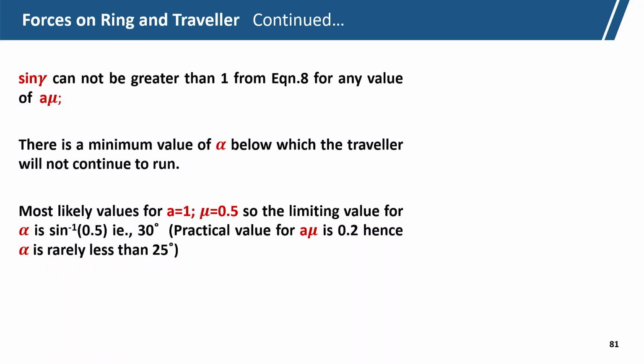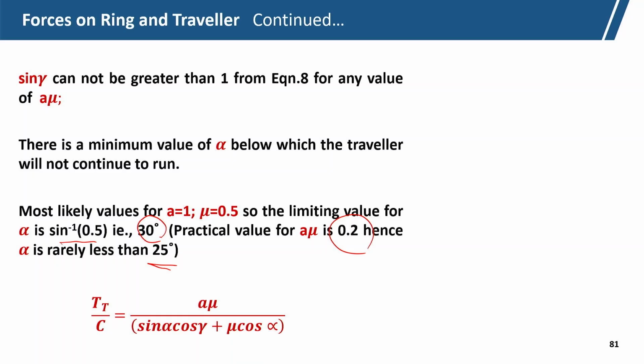So, the limiting value of alpha is sin inverse 0.5, that is approximately 30 degrees. The practical value of a mu is 0.2, hence alpha is rarely less than 25 degrees. So, alpha is more than 25 degrees.